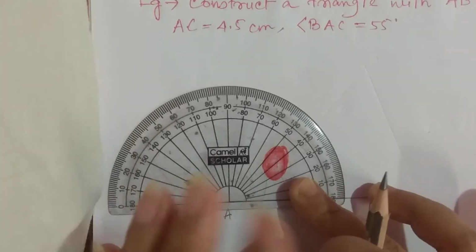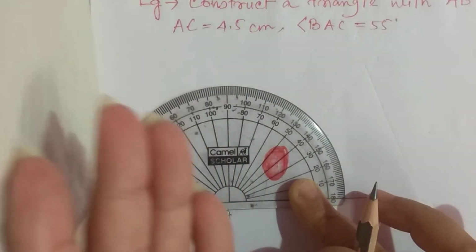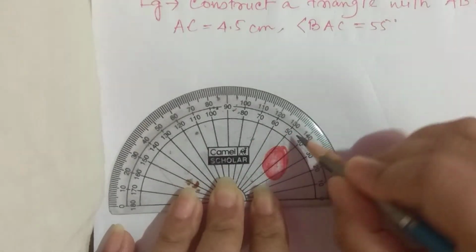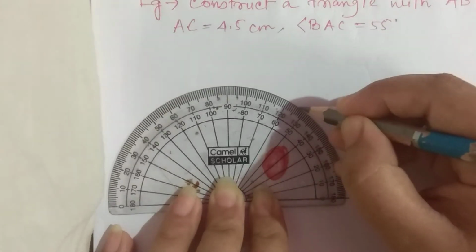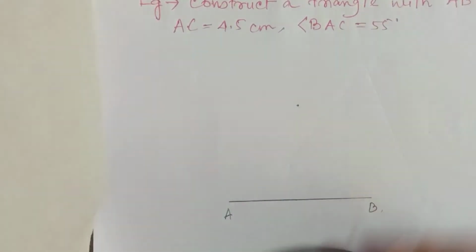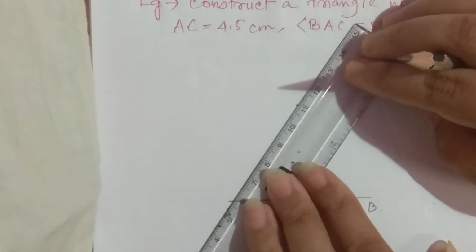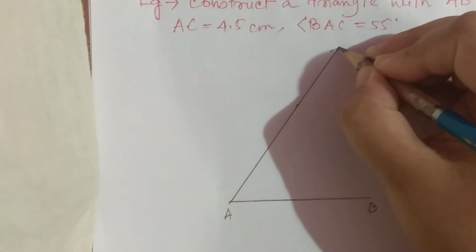Now, since this is the left hand side of the line, we have to use the lower scale. Here it is 50, okay, and that will be 55. I have given the mark as 55. I have joined these two. I have marked this as X.